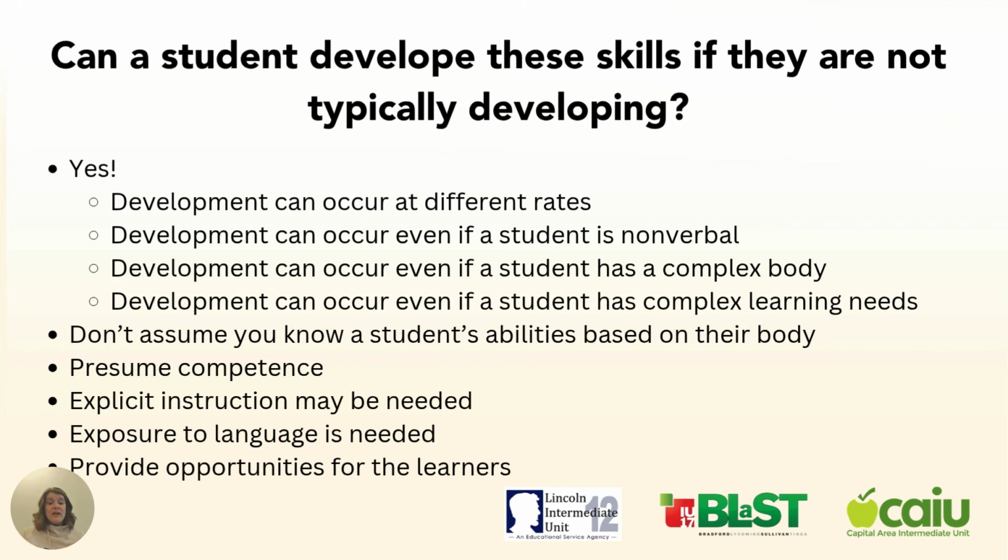We need to provide opportunities for the learners. We need to meet them where they're at. We need to provide the opportunities so that they can have the practice and the time to practice and the time to interact. And we need to take that and build upon that.